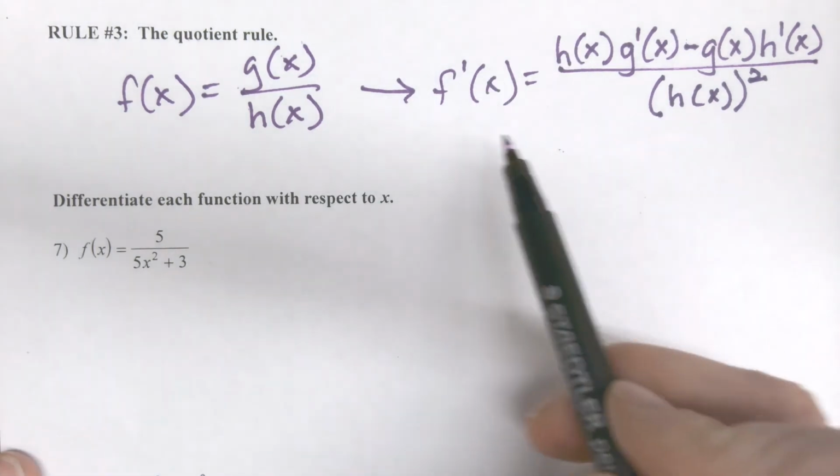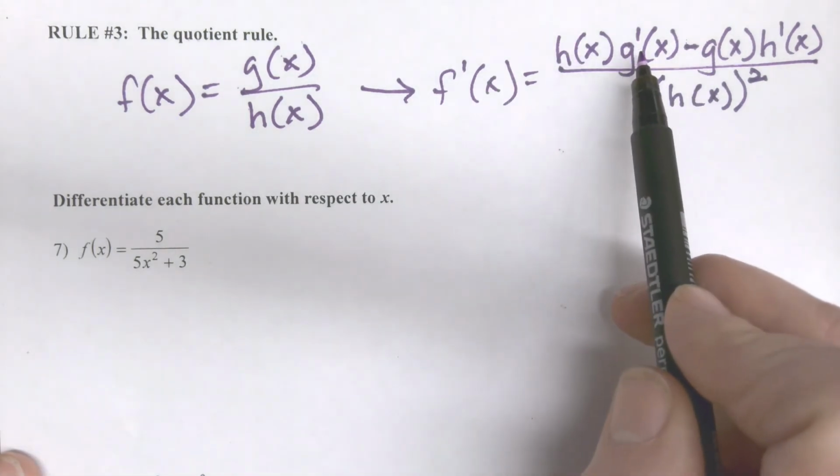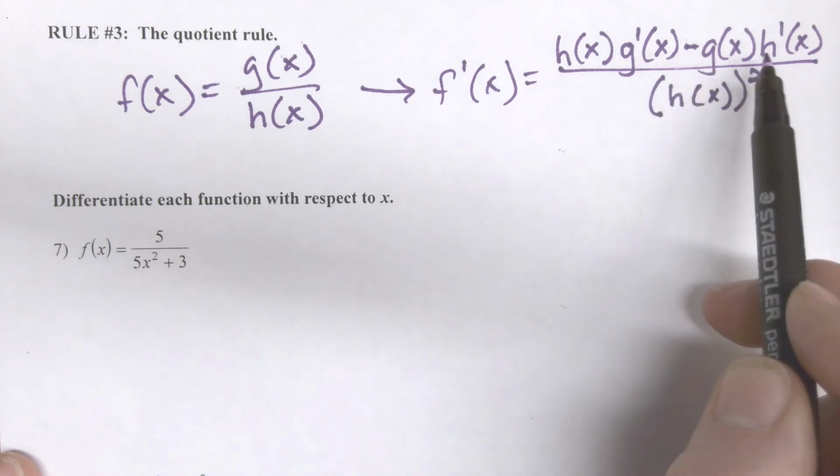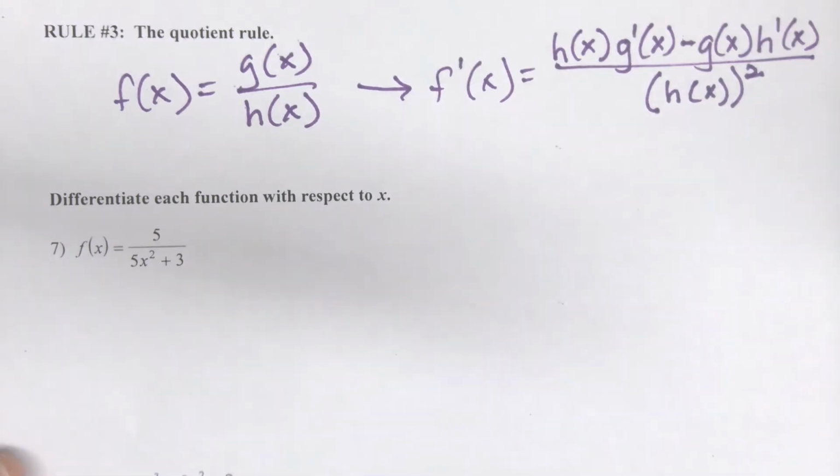So bottom times the derivative of the top minus top times the derivative of the bottom over the bottom squared.